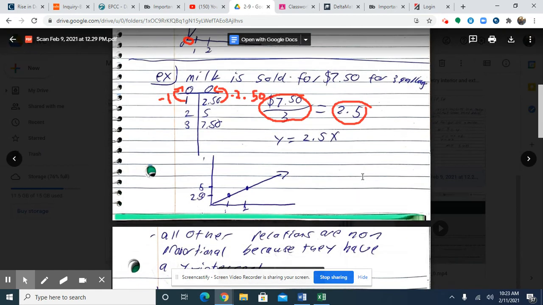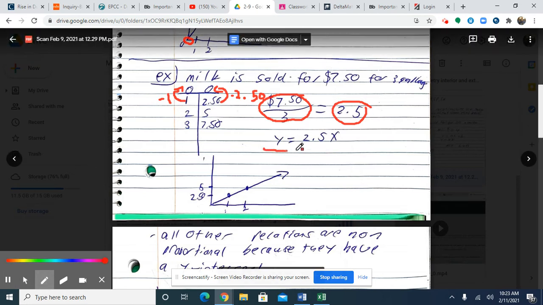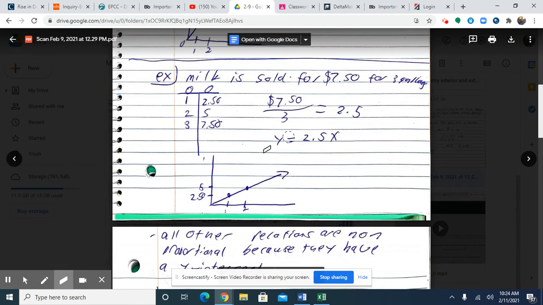Okay, before that, just look at how this looks in an equation. We have no y-intercept. We only have the slope of 2.5x. So a very quick way to see if something is proportional is to look at the equation, and if there's no y-intercept, then it's a proportional relationship.